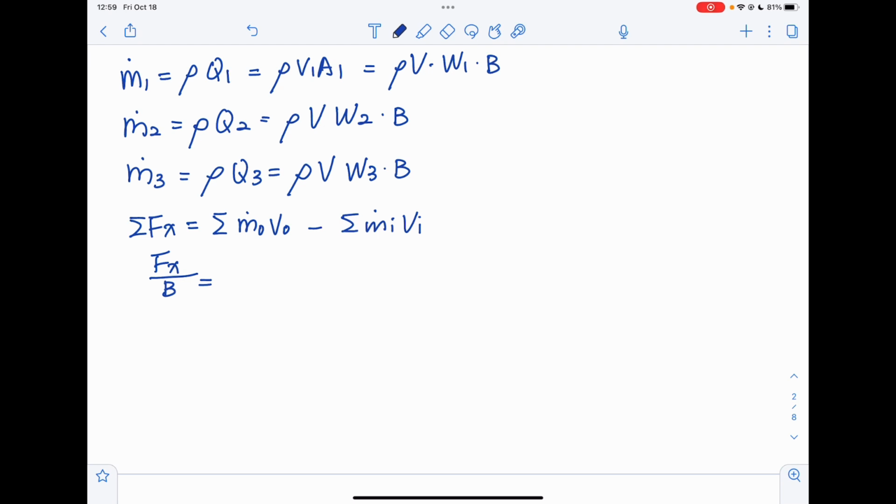Because we divided by b on the left, we also need to divide by b on the right.